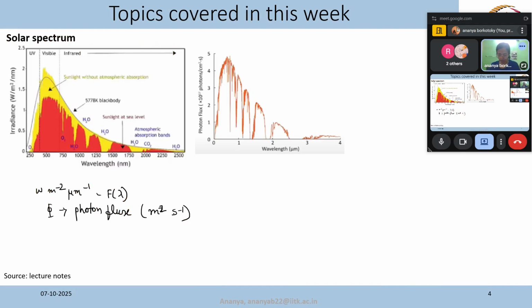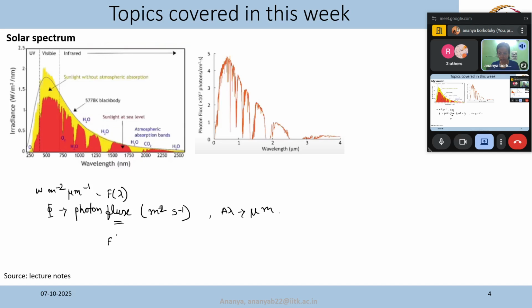You can see how we can do the conversion, like if we are given in the numerical, how we can do the actual analysis of the solar cell. So this is photon flux, meaning number of photons per centimeter square or per meter square per second.